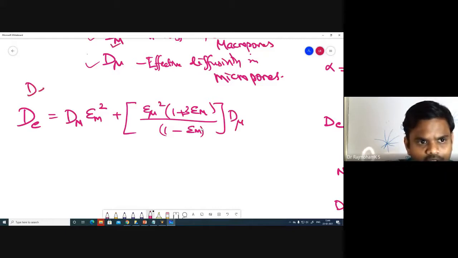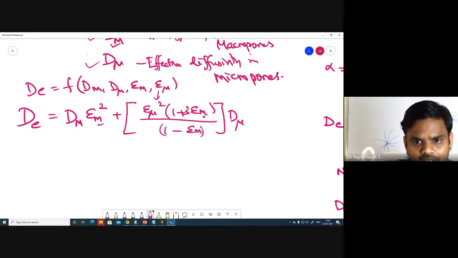So DE is a function of Dm, Dμ, epsilon m and epsilon mu. Note that you have epsilon mu here only, so the remaining terms are capital M, which is macro. So this equation we can make use of to determine the thing.